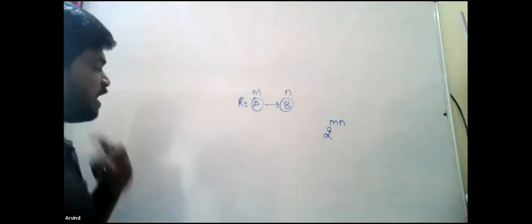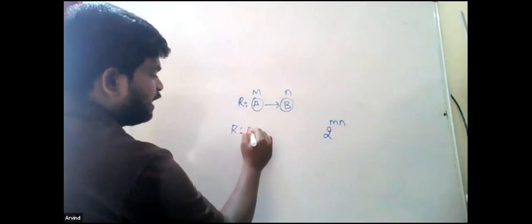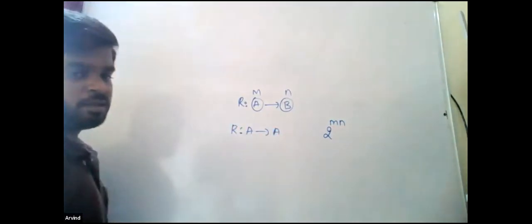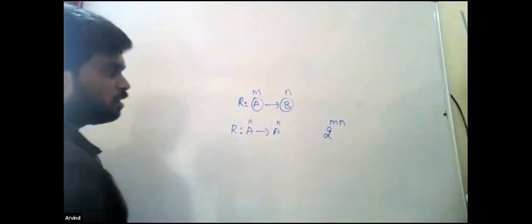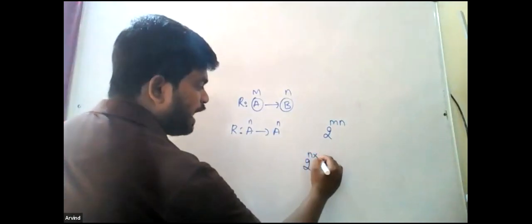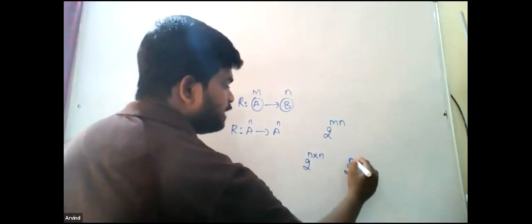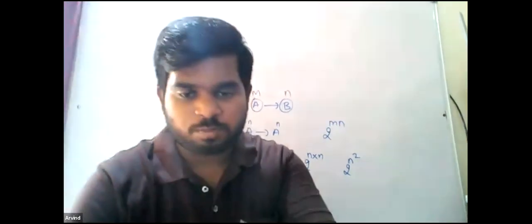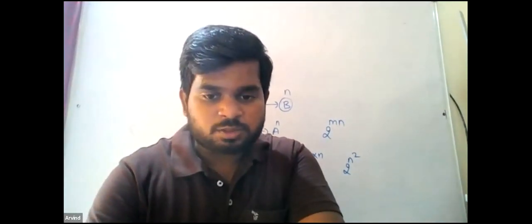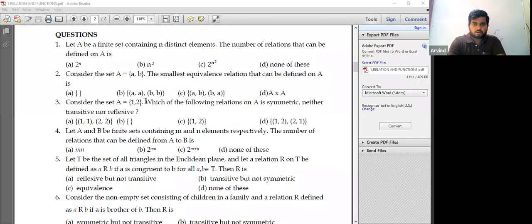Now R is a relation defined on A, that is A to A. So let us assume this has n elements and that has n elements. Therefore it is 2 to the power of n into n. What is n into n? n square. So the correct option is 2 to the power of n square. Which is the correct option? Option C.